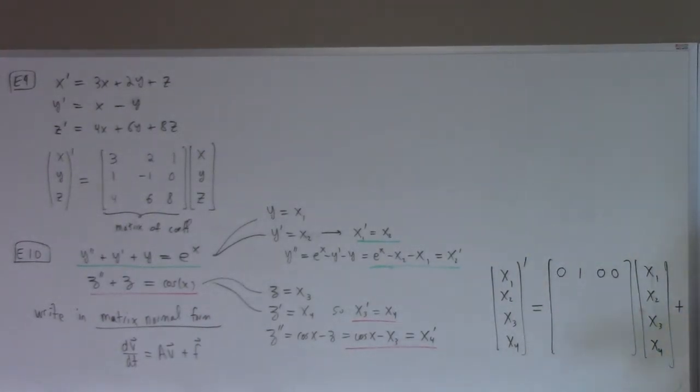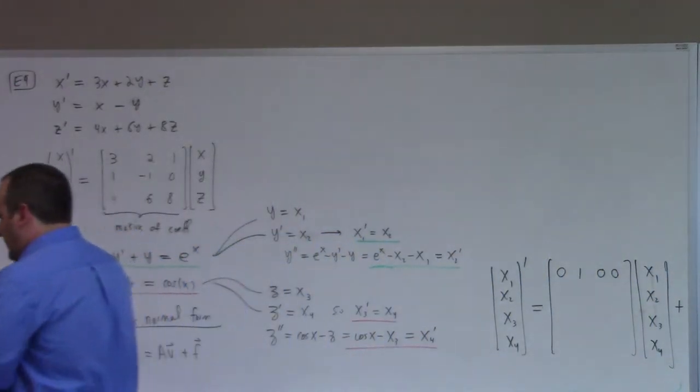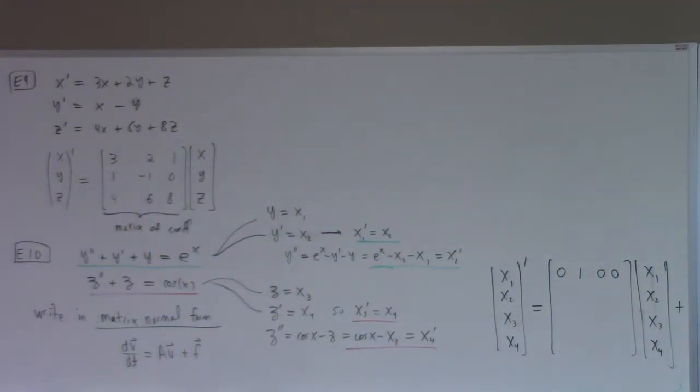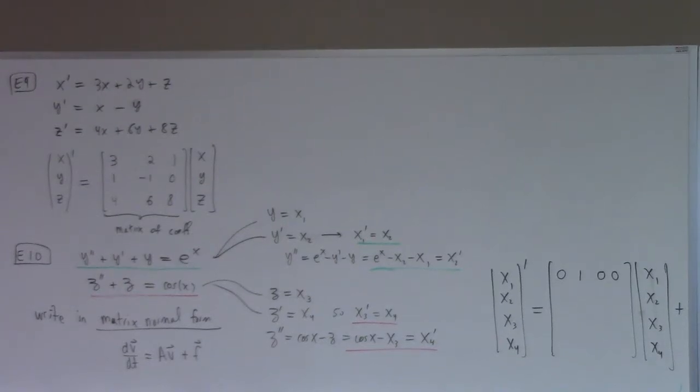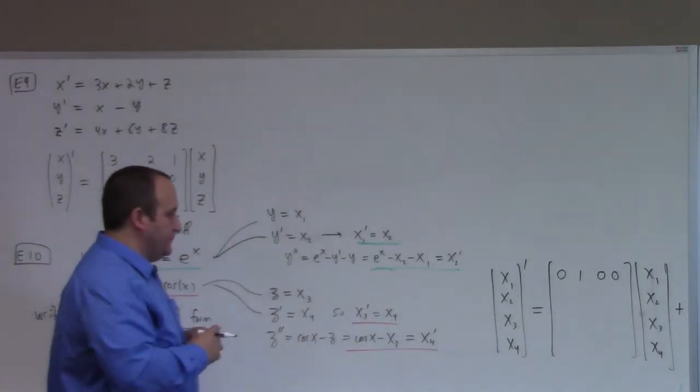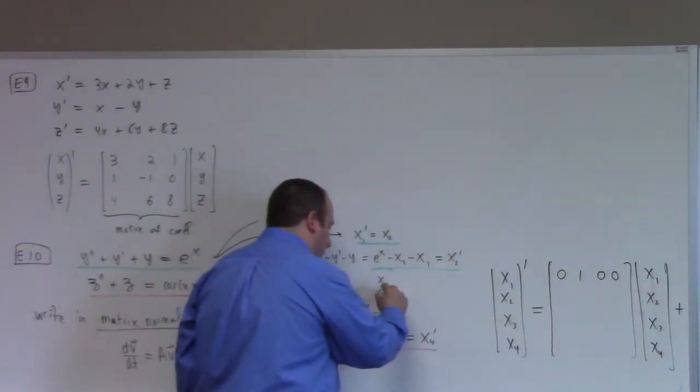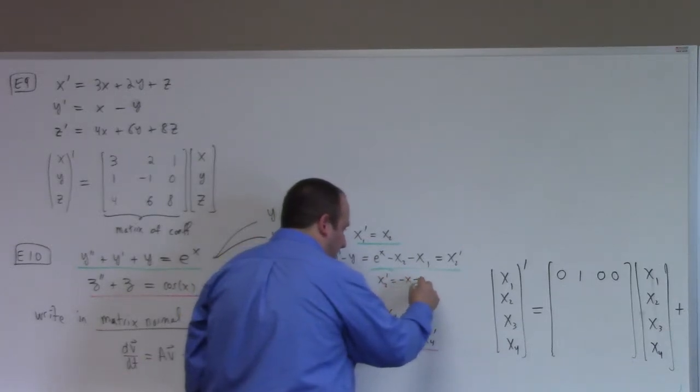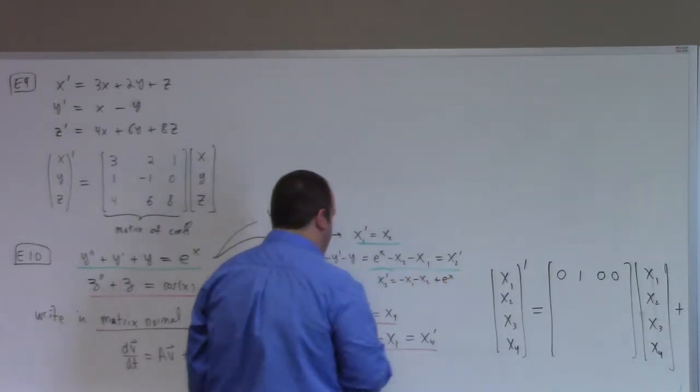I'm getting that from x1 prime equals x2. What's my second row? The second equation underlined in green, how does that translate to the matrix? Have you figured it out? Maybe it helps to write x2 prime equals minus x1 minus x2 plus e to the x. Maybe that helps you.